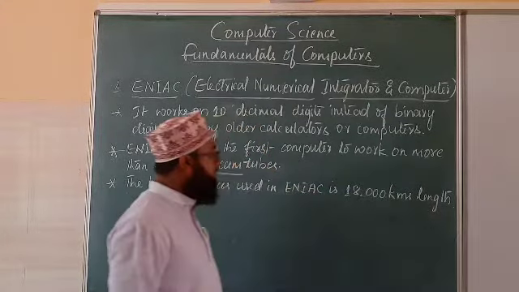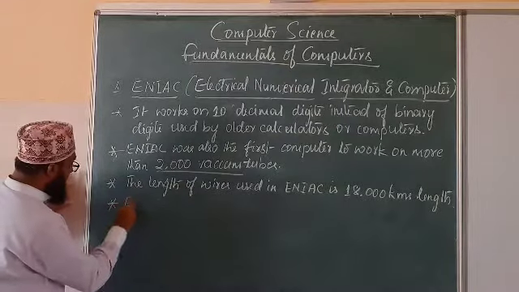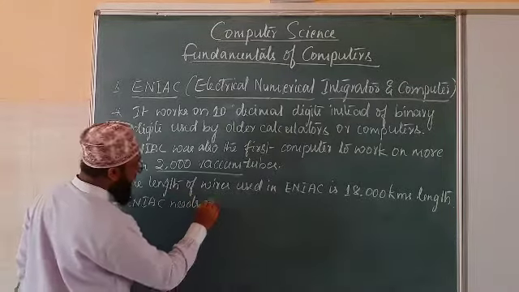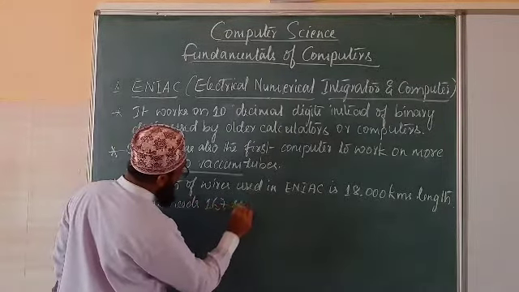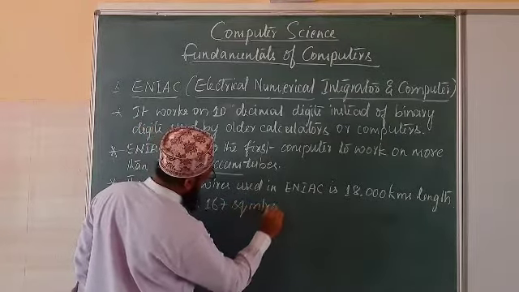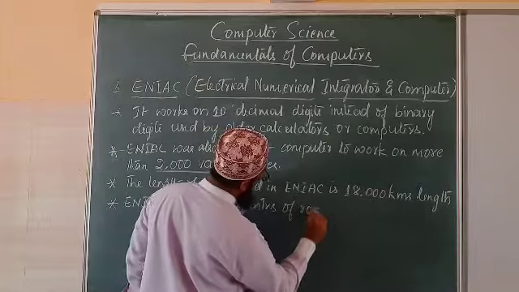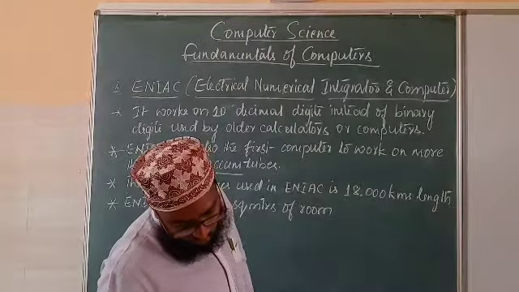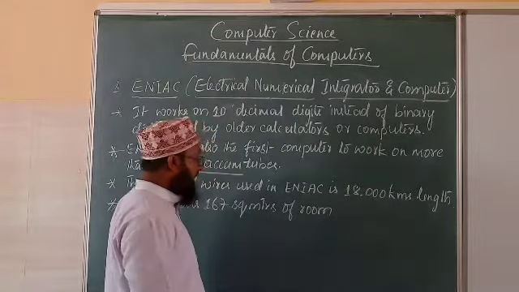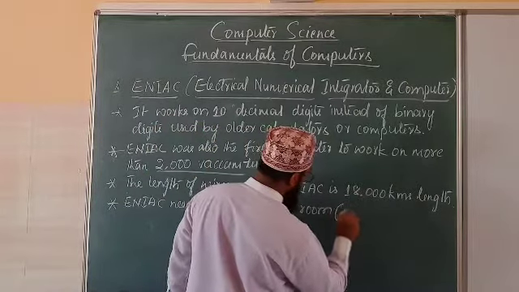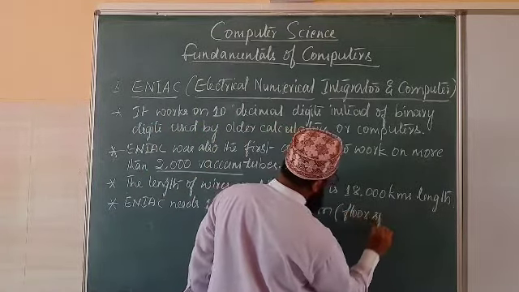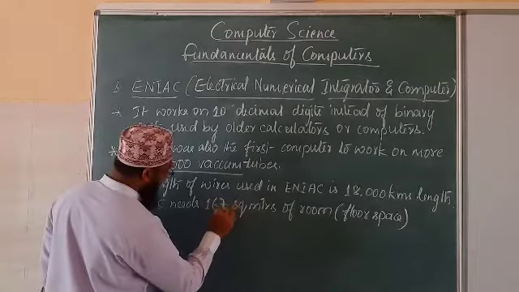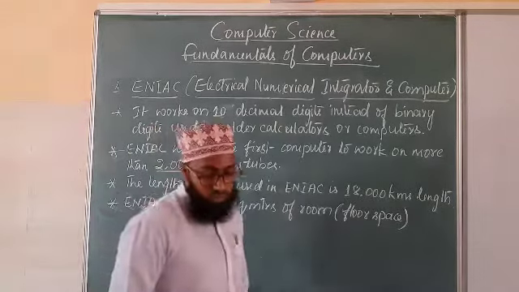And ENIAC needs 167 square meters of room, which can be called floor space. 167 square meters of space is needed for ENIAC.